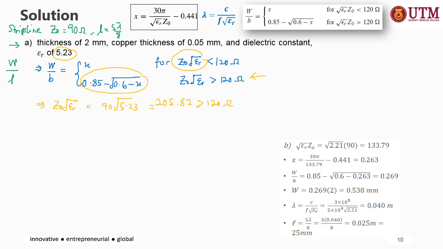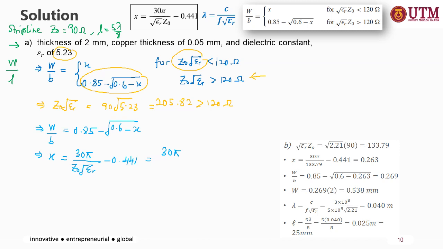Okay, so your W over B will be equal to 0.85 minus 0.6 minus x. Then what is x? You need to calculate x from the equation x equal to 30 pi divided by Z0 epsilon r minus 0.441.